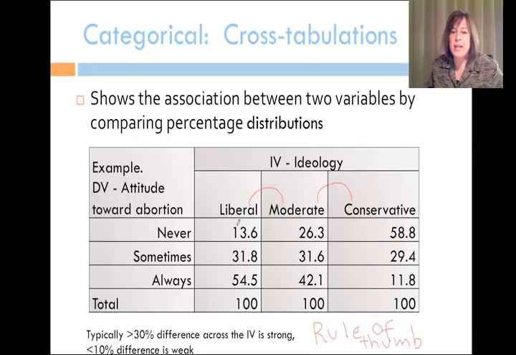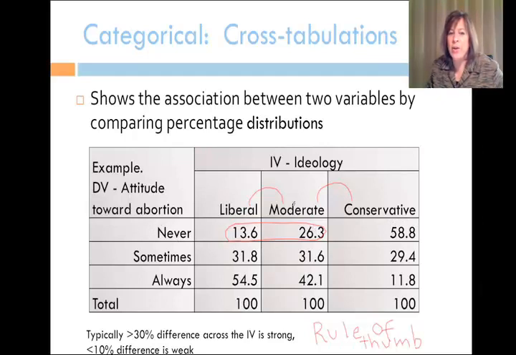So you can see that between the liberals and the moderates, there probably is not a substantive difference. Whereas conservatives would be more likely to say abortion is never okay.